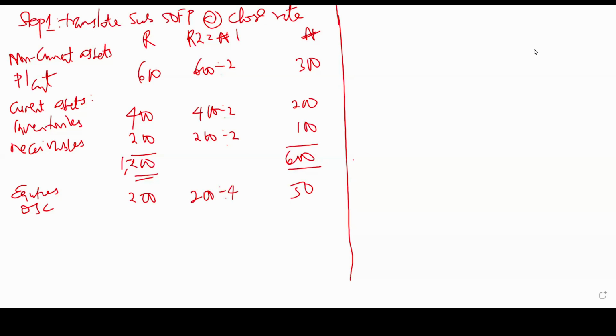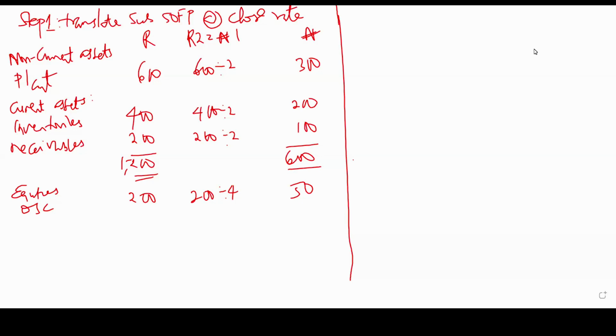So what I was trying to say is that you don't want a situation where there is a mismatch between how the parent has recorded the investment in subsidiary. So that's why you go back to the historical rate.